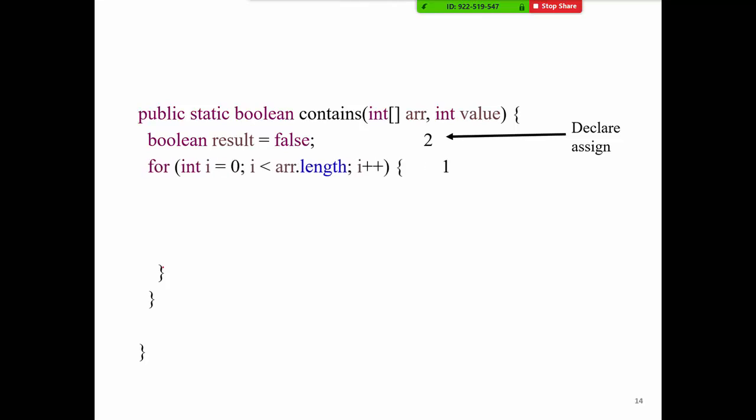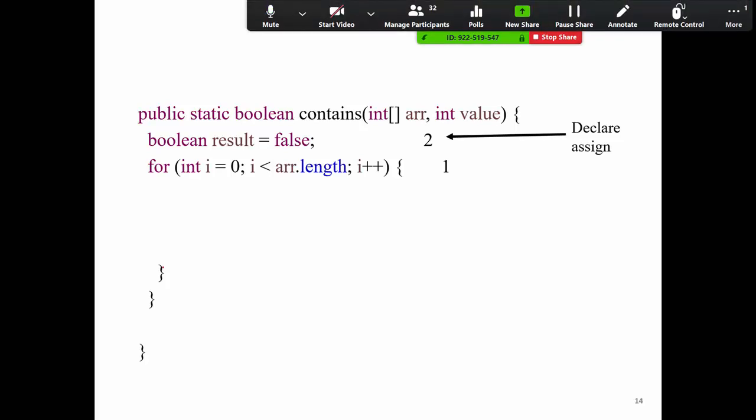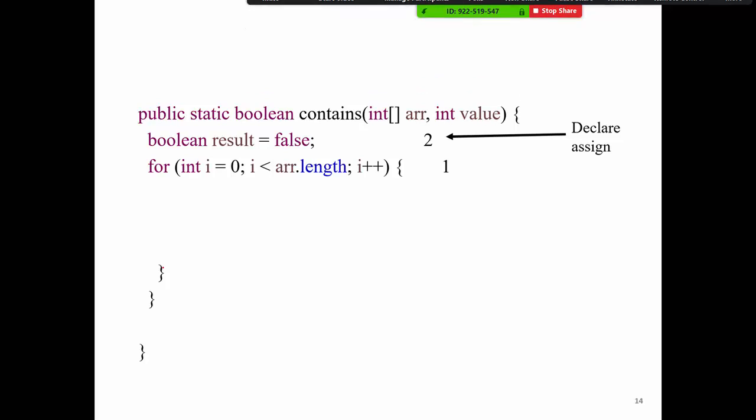The second line, we have the for loop. We understand inside this for loop, we declare the variable, we initialize it, we compare the variables, and also we increment. But take my word for now, assume this is one elementary instruction. Whenever you see the for loop, assume this is one elementary instruction.